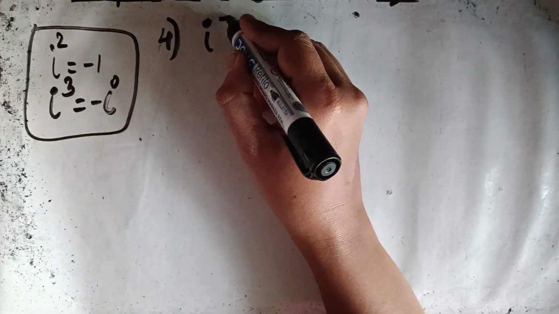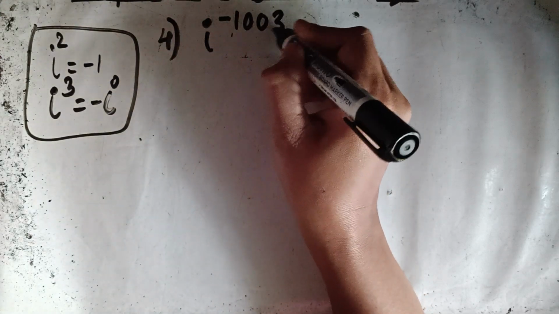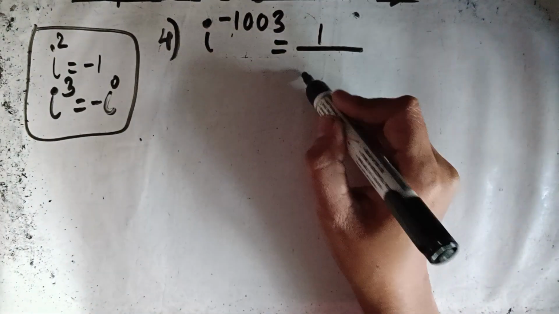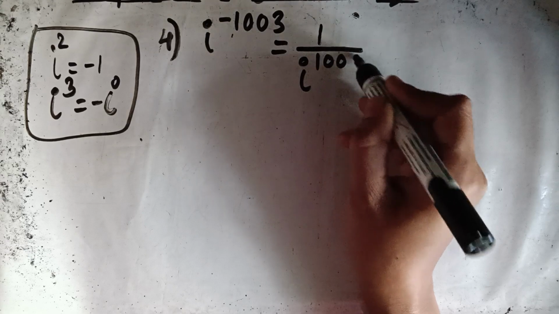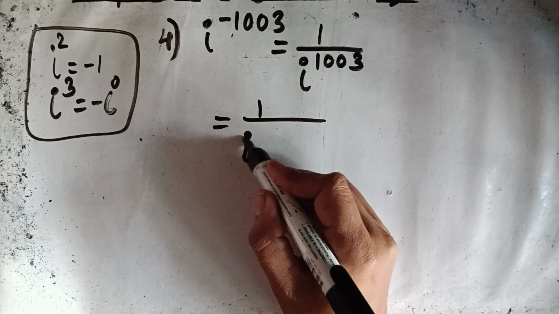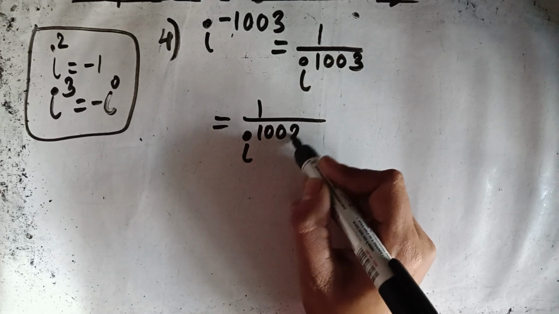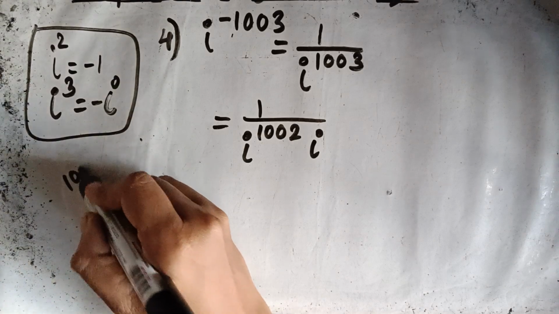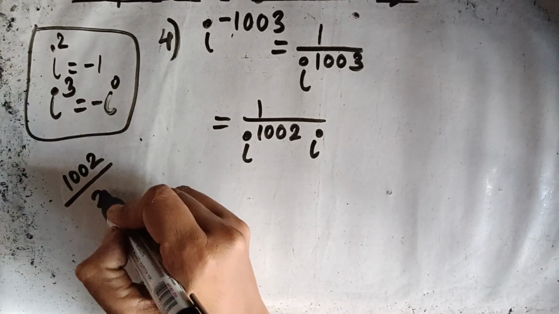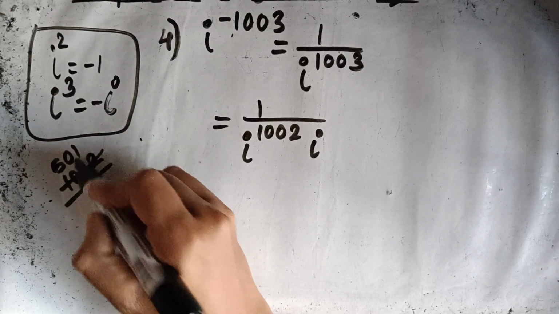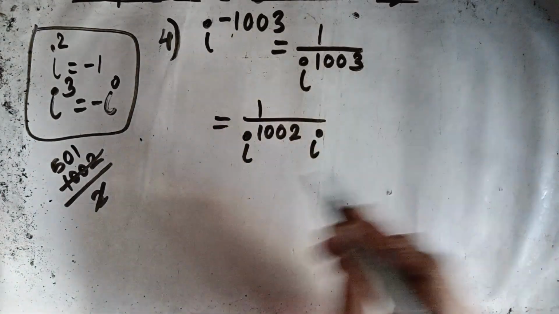i raised to minus 1003. This we can write as 1 upon i raised to 1003. Now you have to split it, 1002 plus 1, and divide 1002 by 2 to get 501.